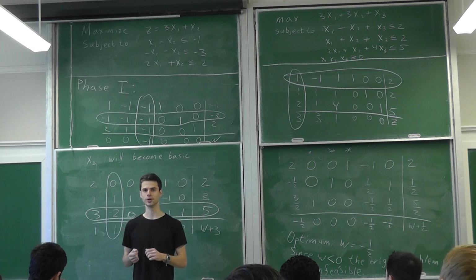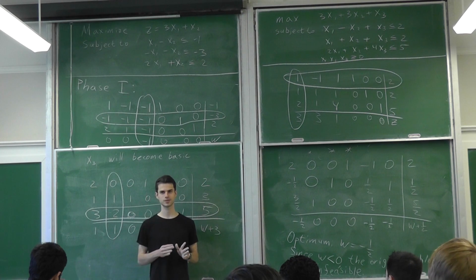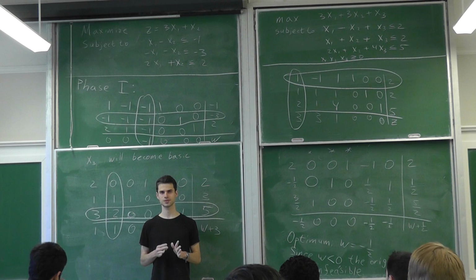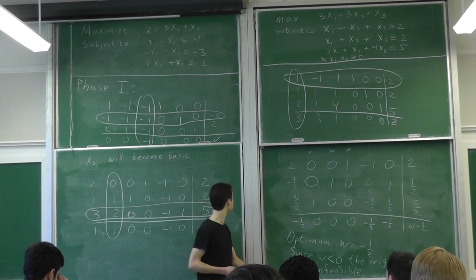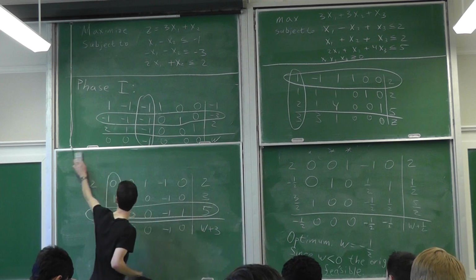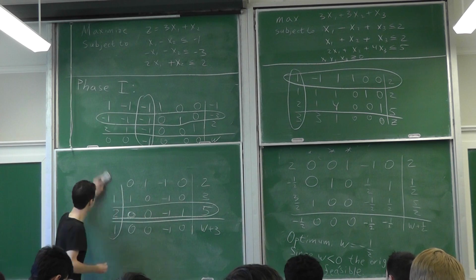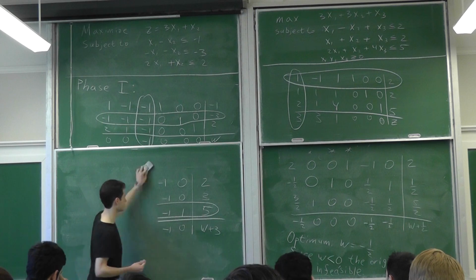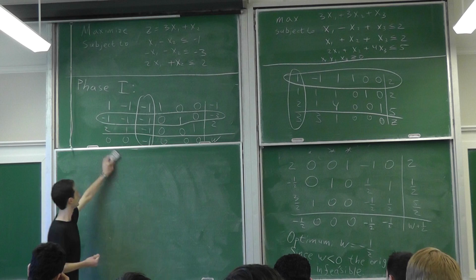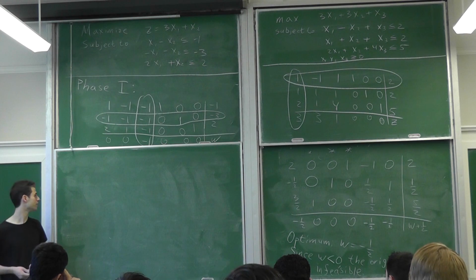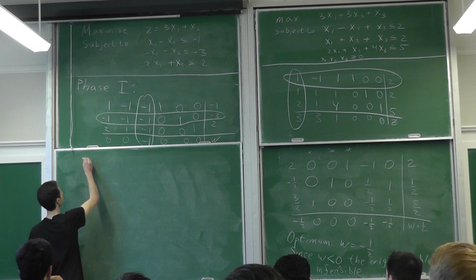Maybe just a comment about how fast is the simplex algorithm. Typically it is pretty fast, but in theory it would be very slow. So there is a discrepancy between the practice and theory here. So how fast is the simplex algorithm?